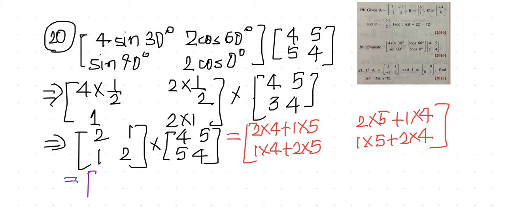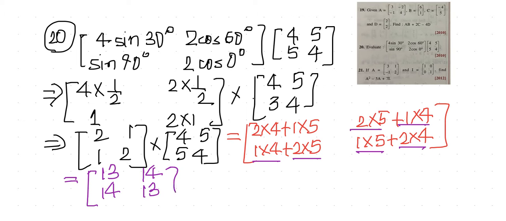This will be equal to, see, 2 into 4 is 8. 8 plus 5 is 13. So write down 13. Okay, here 2 into 5 is 10 plus 4 is 14. So 13, 14. Here 1 into 4 is 4 and then plus 2 into 5 is 10. So this is again 14. And here this is 5 plus 8, which is equal to 13. So this is your answer.